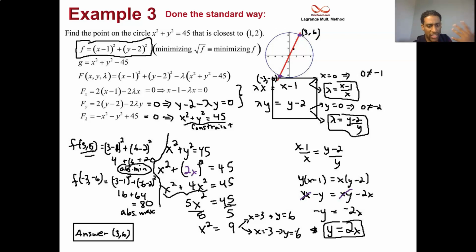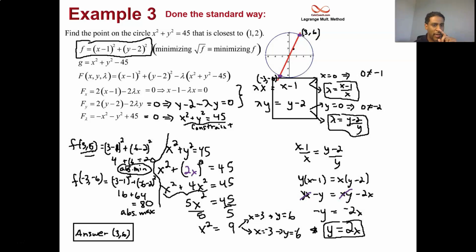It works. It's a standard way. I can't say it always works, but it's a standard kind of approach to a Lagrange multiplier question. What did we save ourselves? Some work of grinding through lambda. Maybe that work ends up being 4 minutes of time, which is going to be critical on these problems.